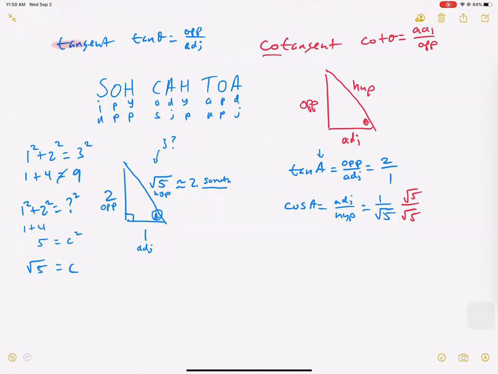Okay, so we multiply the square root of 5 to the top and bottom, and that's square root of 5 over 5. To help you out with that, 1 times square root of 5 is just 1 square root of 5.